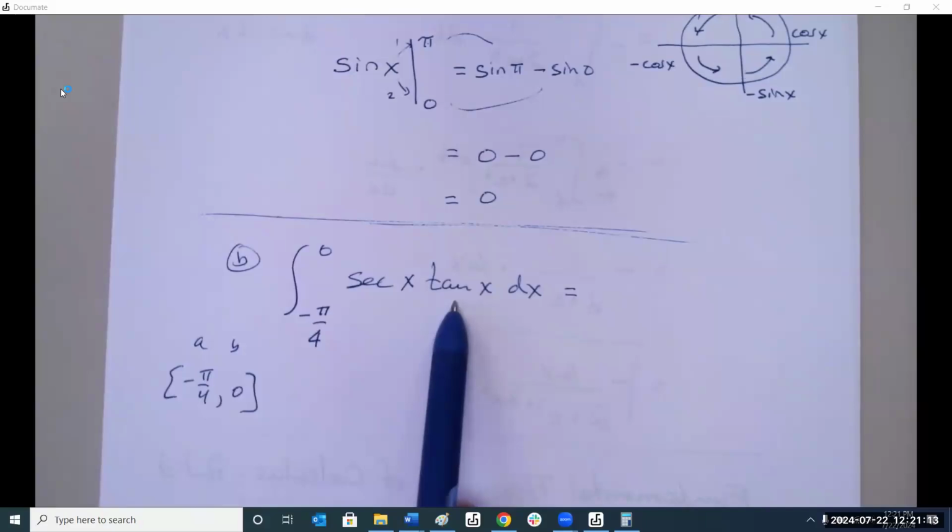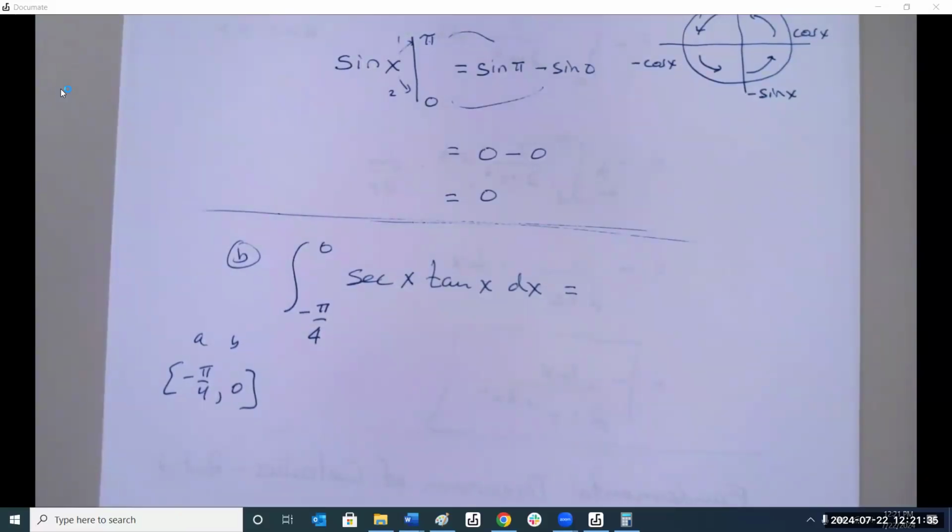So this is what derivative gave us secant tangent? Sure. Well, how are you sure?